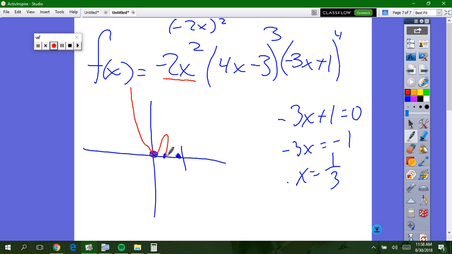This is the third one, isn't it? This is the thing that gave me the 0 of a third, correct? What's my multiplicity? 4, so therefore even, so therefore we are going to bounce. Coming here at 3/4, it would cross because my multiplicity is odd.